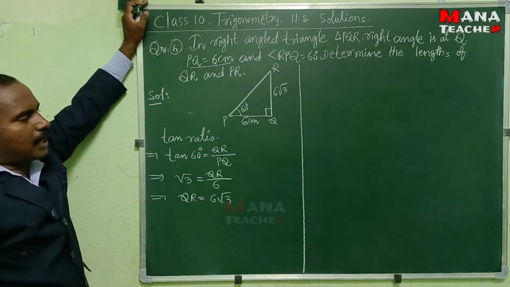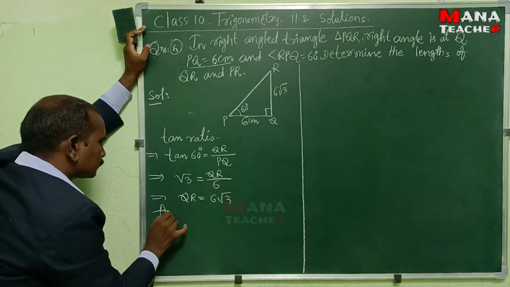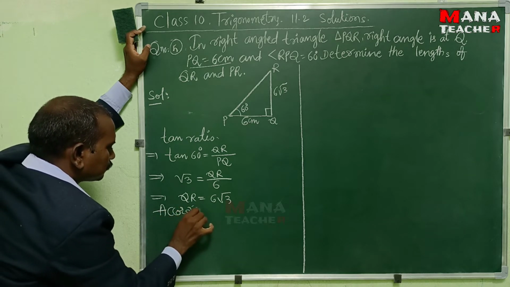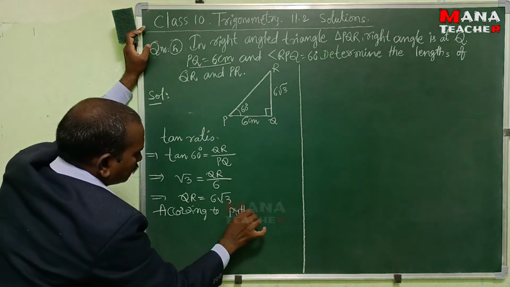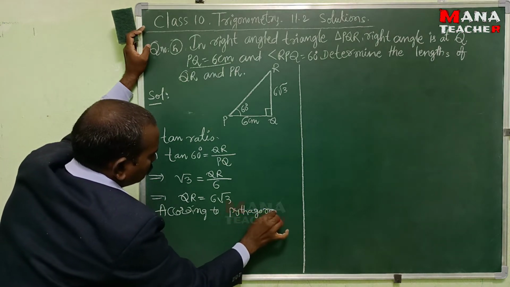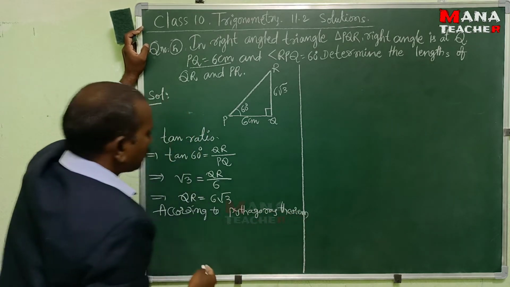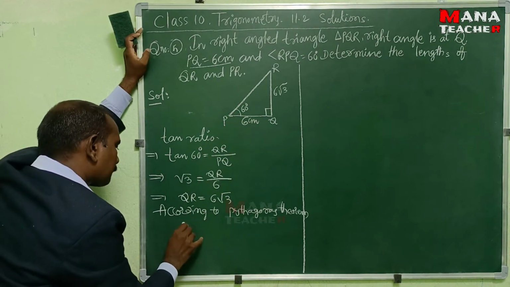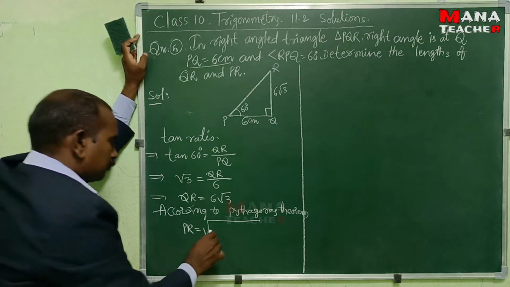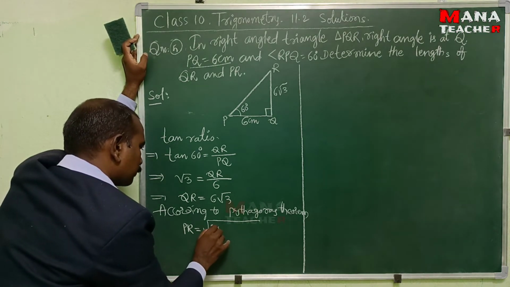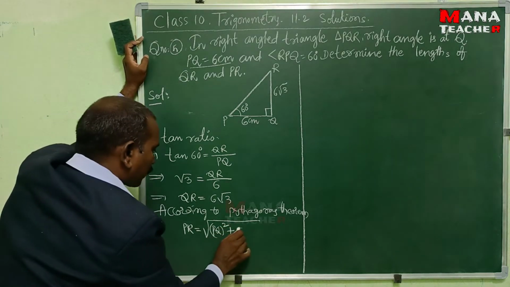Now what is PR? According to Pythagoras theorem, PR equals under root of PQ whole square plus QR whole square.